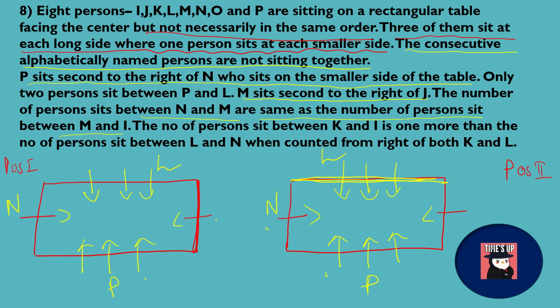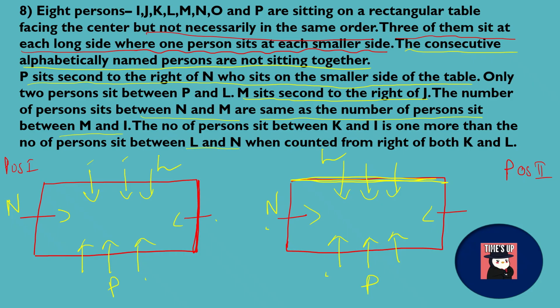Then the number of persons sitting between K and I is one more than the number of persons sitting between L and N, when counted from the right of both K and L. So the number of persons who sit between K and I should be one more than the number of persons who sit between L and N. Okay. In possibility 1, if you check, 2 persons are sitting between L and N. Correct?